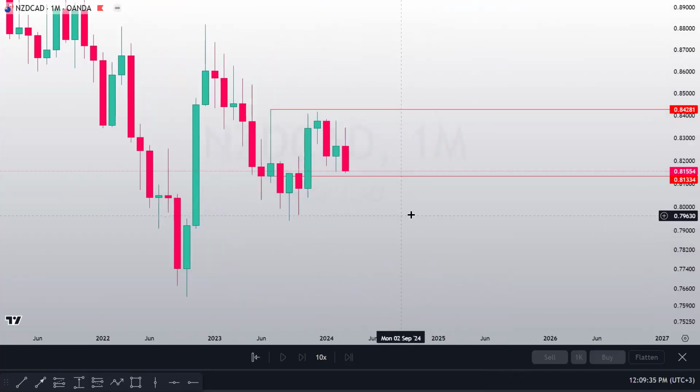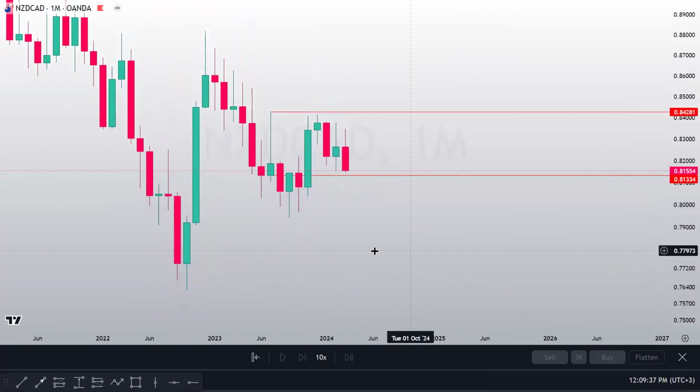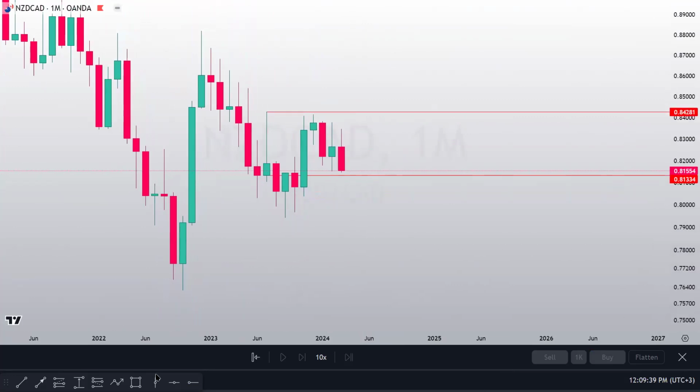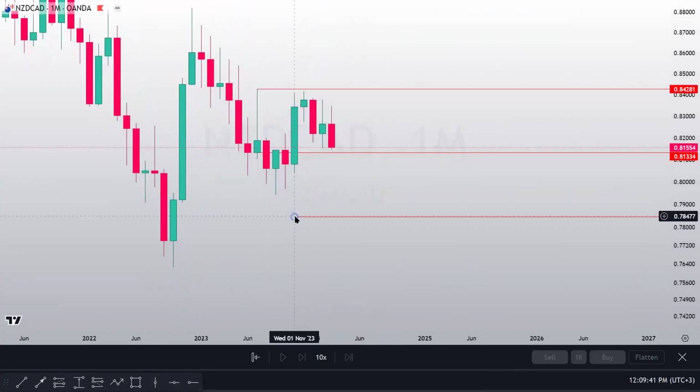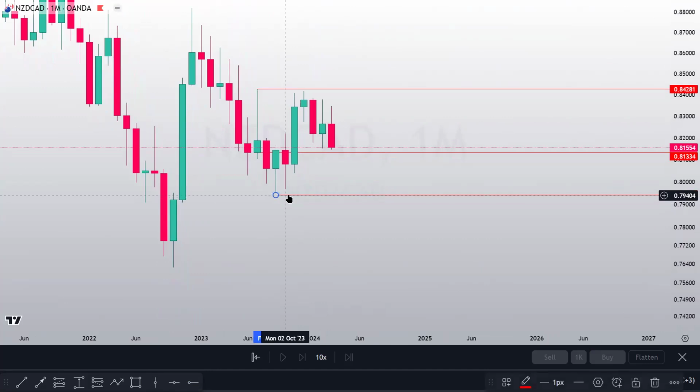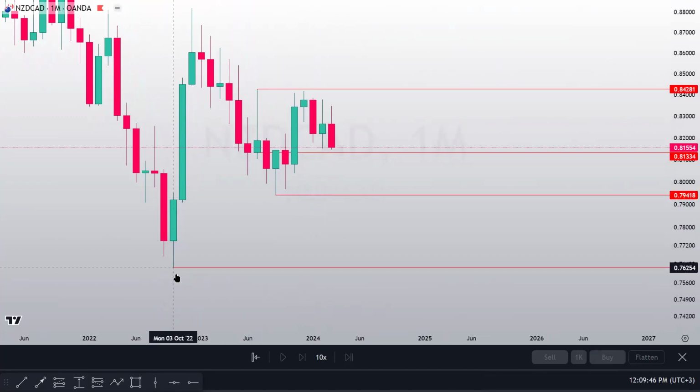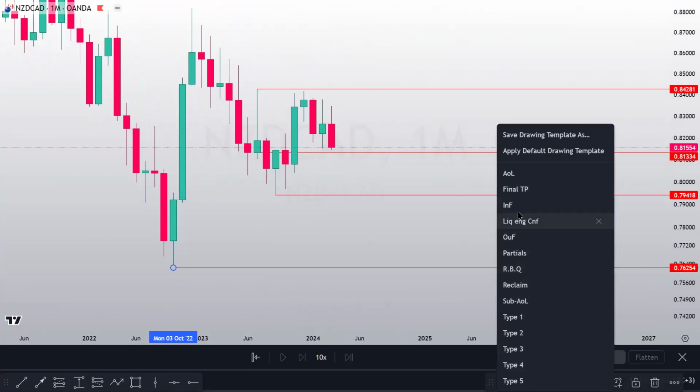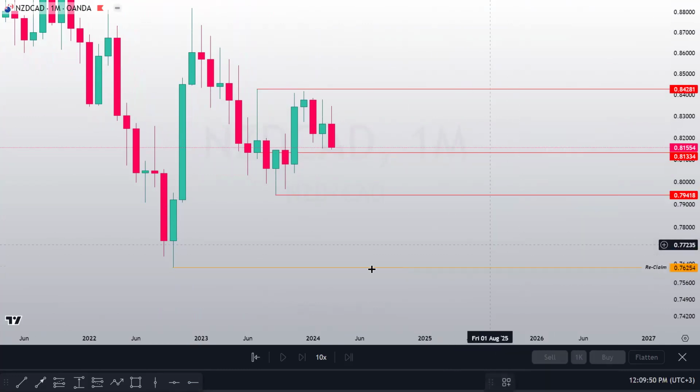And for the market to consume this liquidity, it has to create a new low. That means they're going to anticipate our target here, or our final target at the reclaim point, which is this one right here.